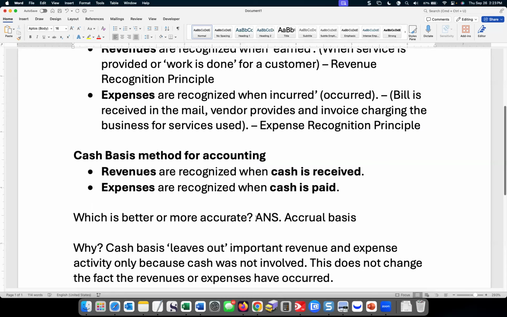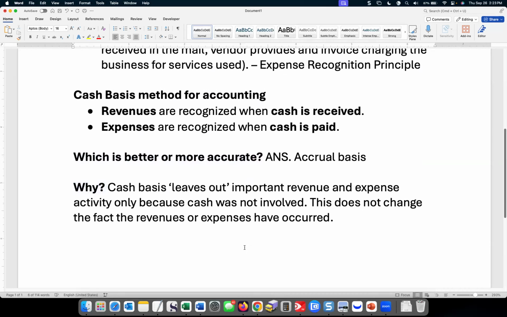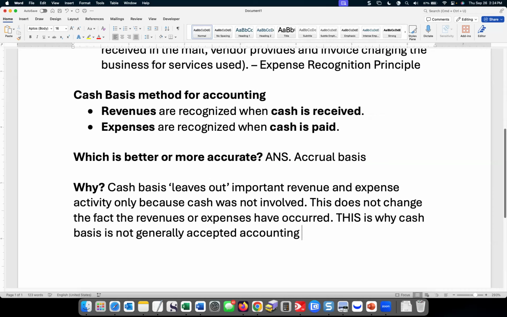So this is why cash basis is not generally accepted accounting principles, otherwise known as GAAP. And so here's the thing.